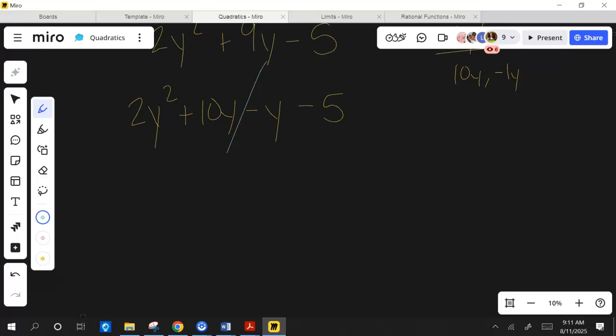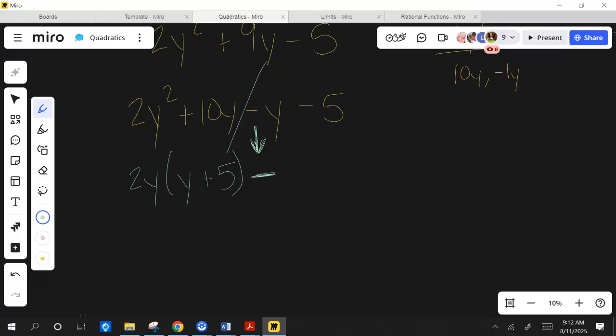What's the GCF of the first 2? 2y. When that's gone, what's left? Y plus 5. The middle sign has to stay, and that's the kicker here. That's why generally, if we have mixed terms, we put the negative one first, but it doesn't matter because this method always works.